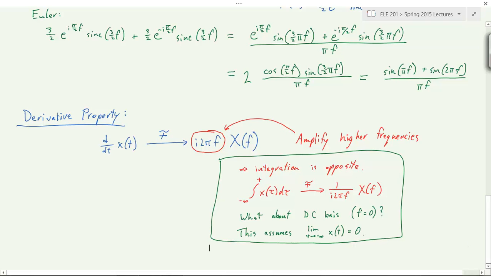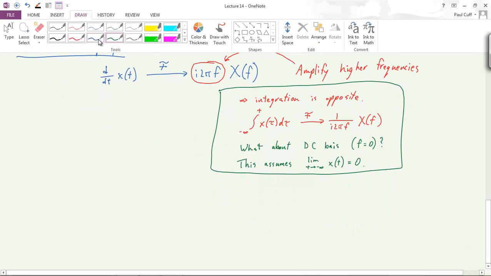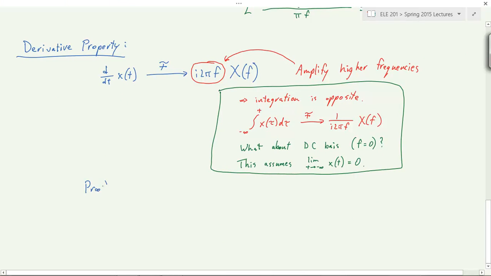Let's prove the derivative property because it's so simple. To prove this, we just take the derivative, and let's replace x of t with its definition under the inverse Fourier transform, with the integral of x of f e to the i 2 pi f t df. Now, the derivative and integral can change places.